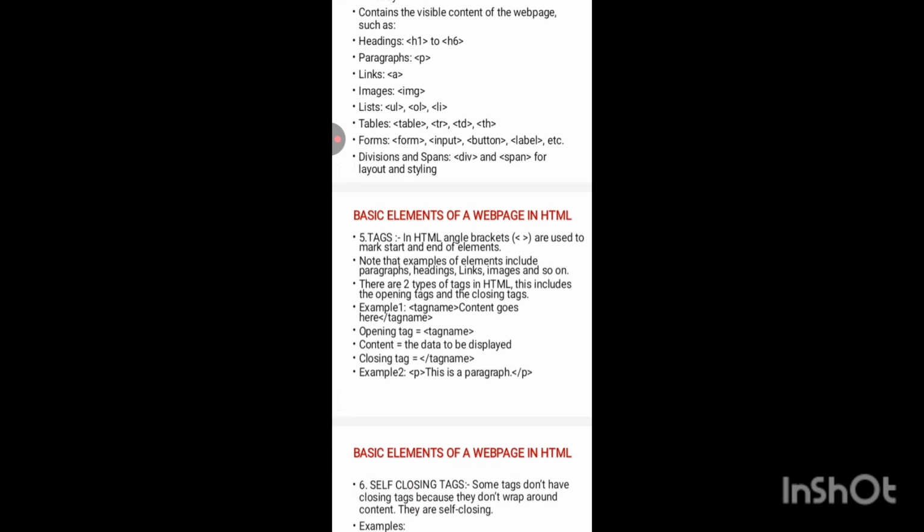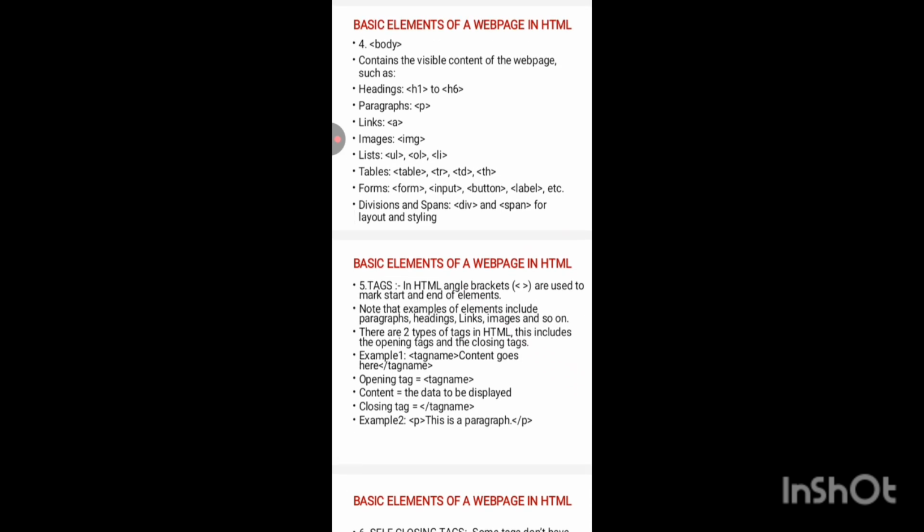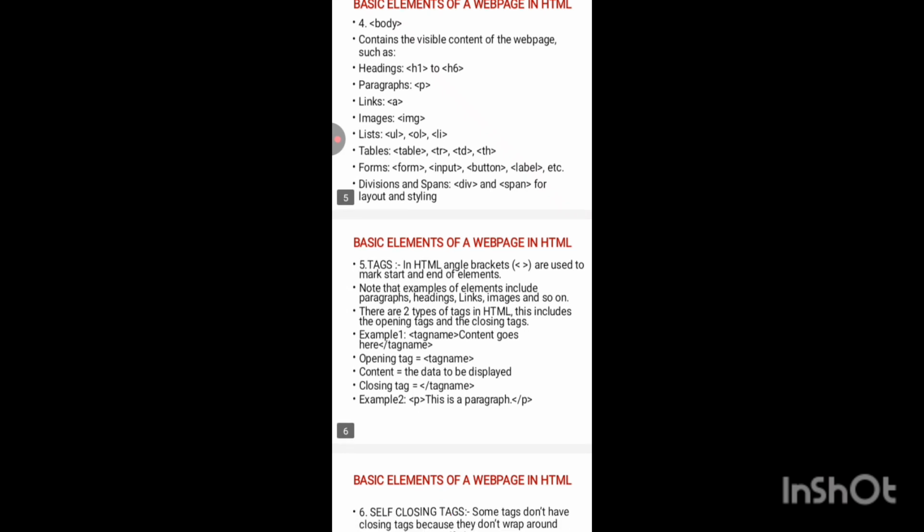So we also have, all inside the body of our web page, the table. The table is represented by table, in angle brackets opening and closing. We have the TR, which is the table row.